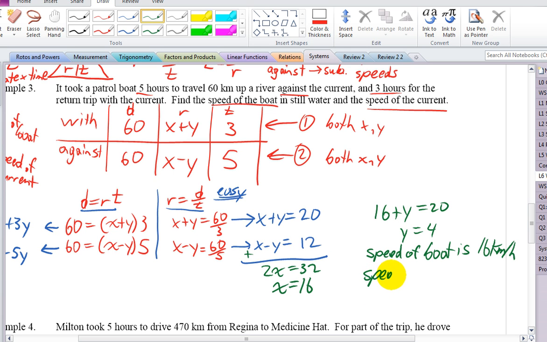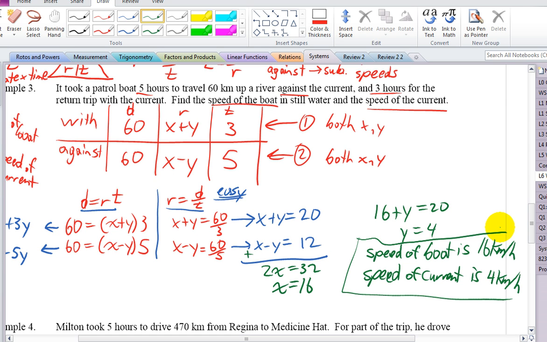And speed of the current is 4 kilometers per hour. Okay, there you go. Put it in a little box, easy for Mr. Barker to find.